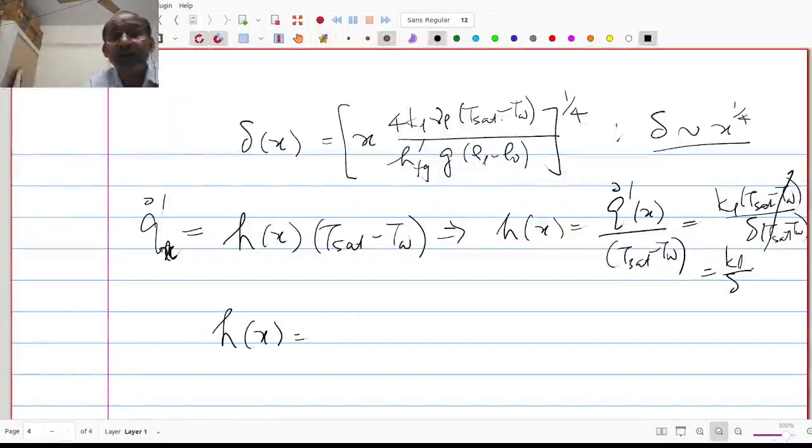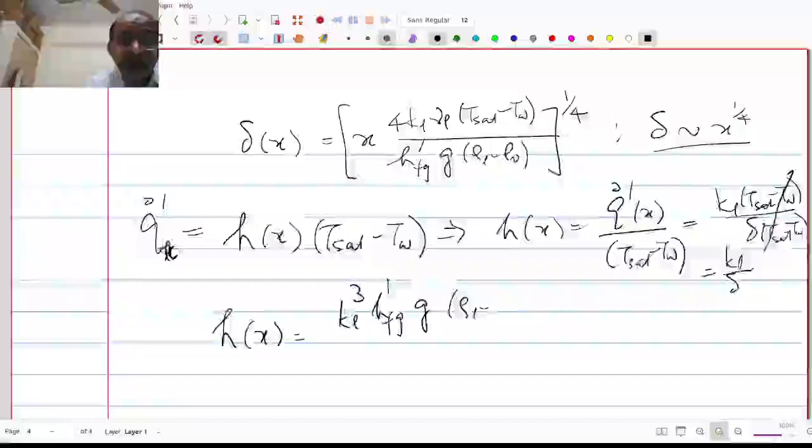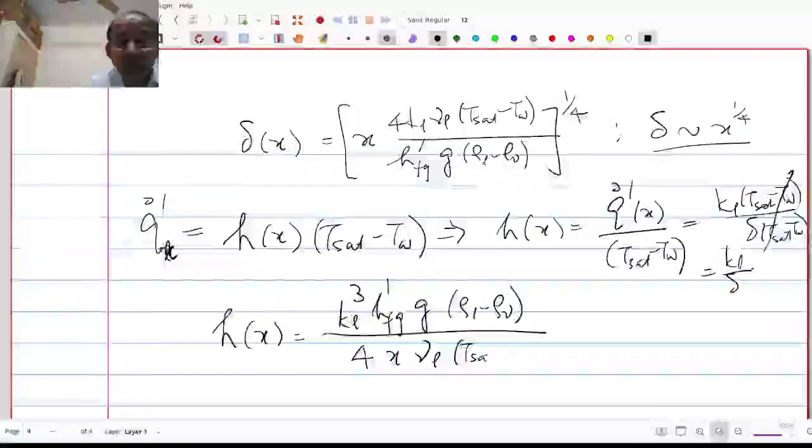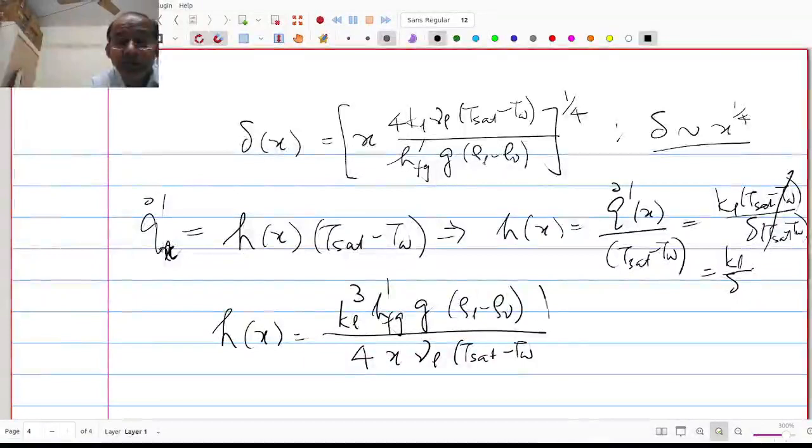So there is a KL already here to the power of 1 by 4, and there is a KL that goes, so it becomes KL to the power of 3 by 4. So that's the expression that you would get. This is equal to KL cube into hfg prime into G into rho L minus rho V, divided by 4 times x nu L into Tsat minus Twall, whole thing raised to the power of 1 by 4.